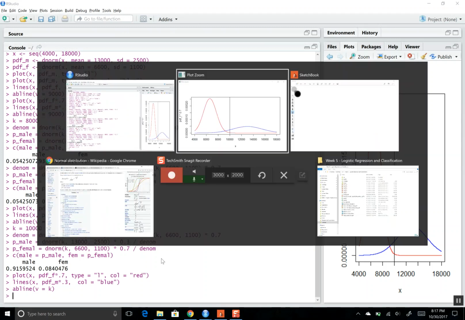Now, this was just the simplest example where we have a normal model to make predictions based on a single variable, okay? The Bayes classifier can be extended to have multiple predictors, right?